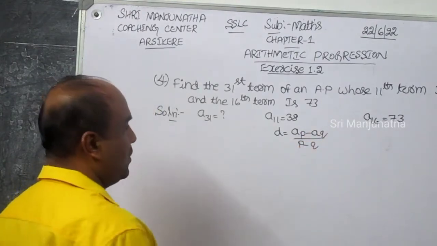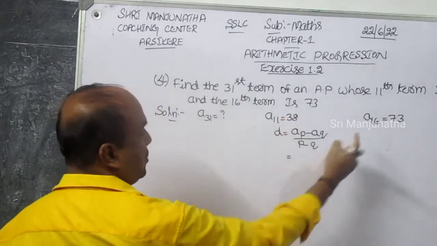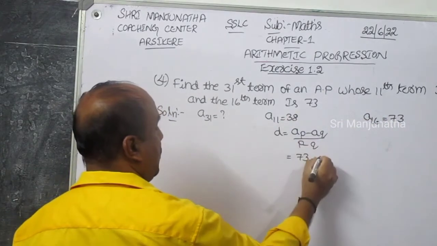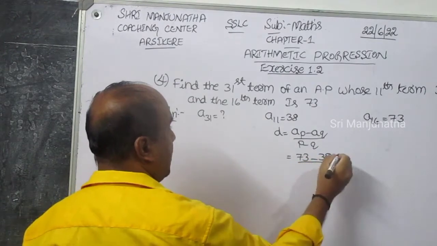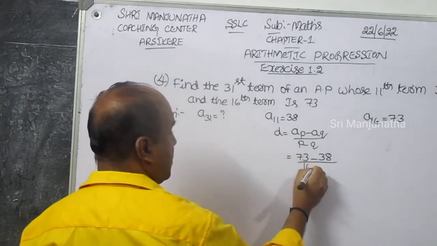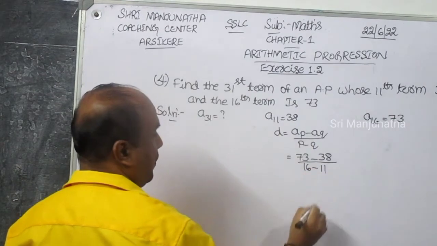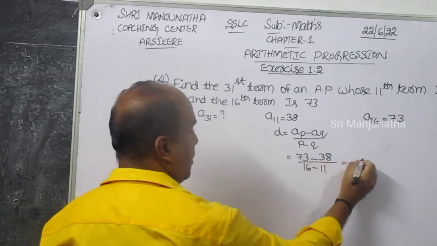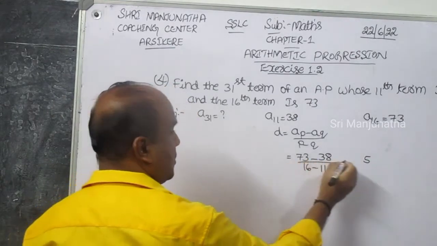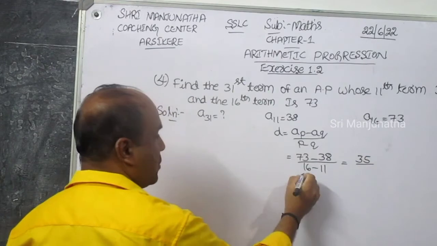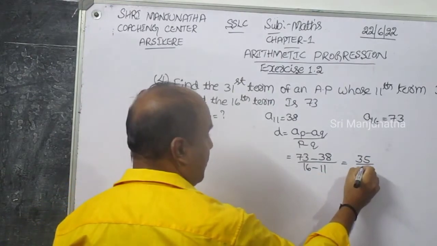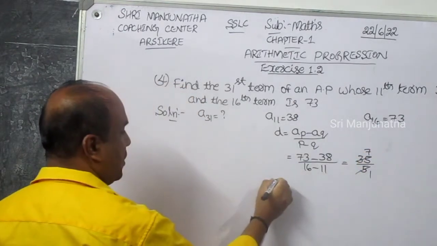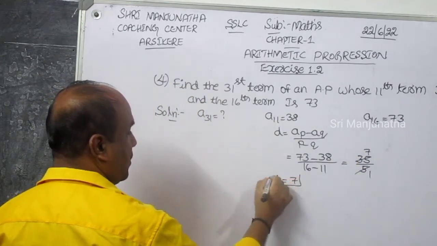Here AP is 73, AQ is 38, the P value is 16 and the Q value is 11. 73 minus 38 is 35. 16 minus 11 is 5. 5 sevens are 35. D equals 7.